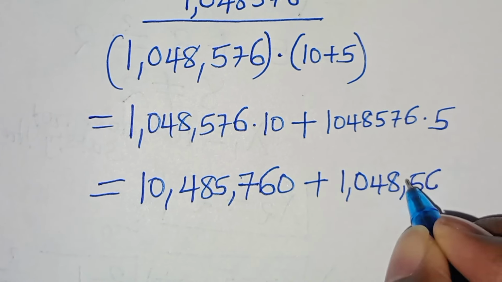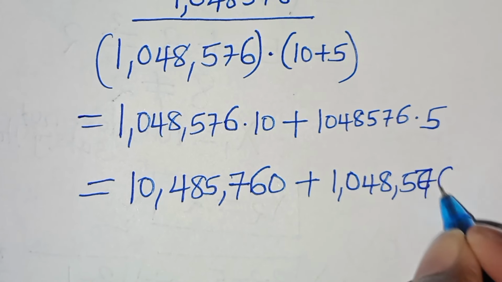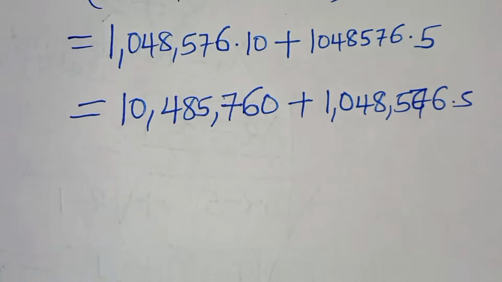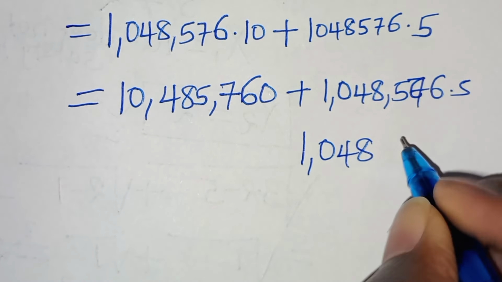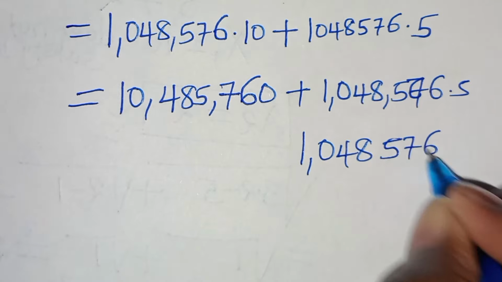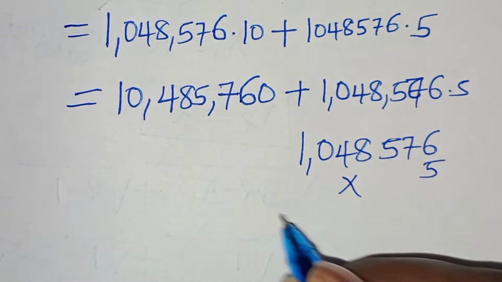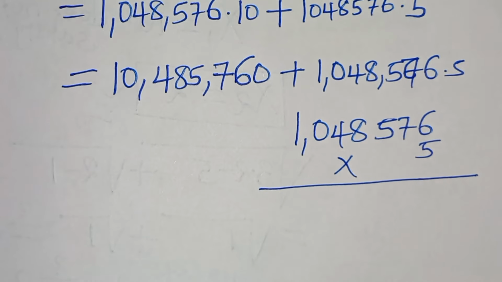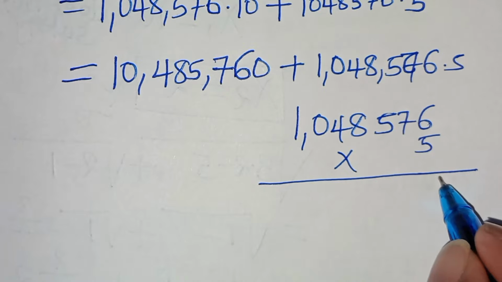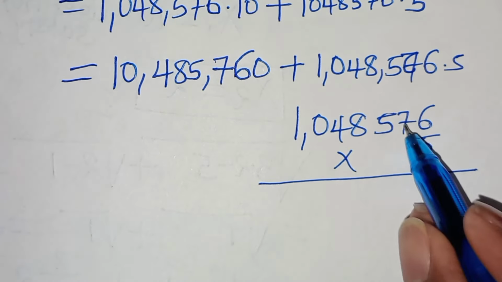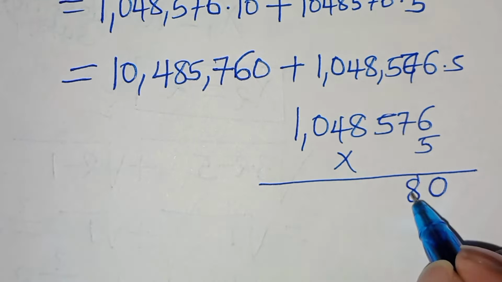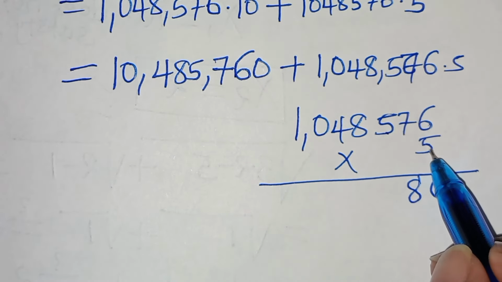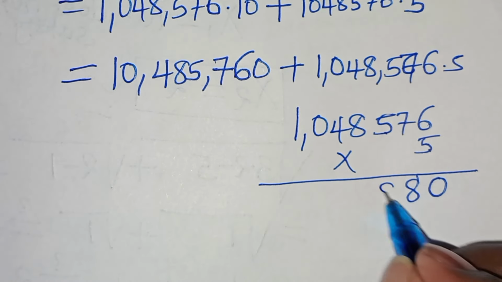So let's multiply by 5. So we have 6 times 5, this is 30. So 0 carry 3, 7 times 5, this is 35, plus 3, this is 38. So 8 carry 3 again. 5 times 5, this is 25, plus 3, this is 28.